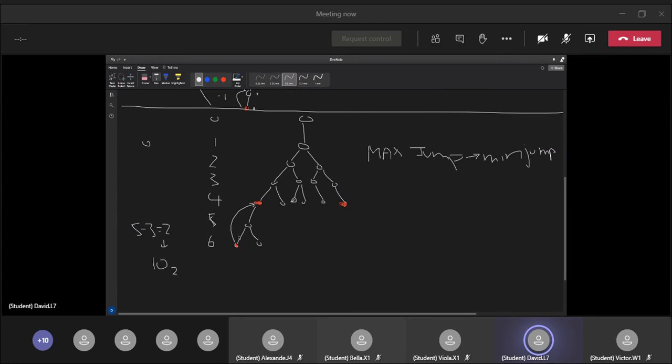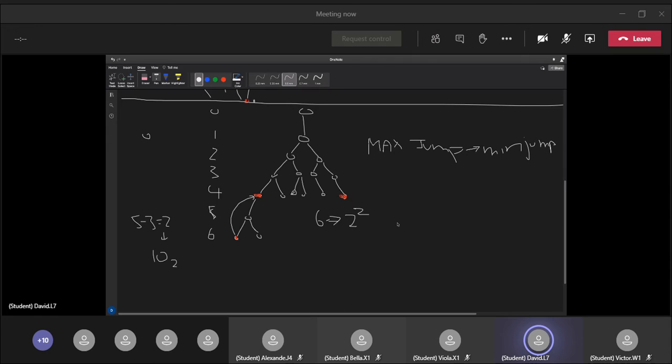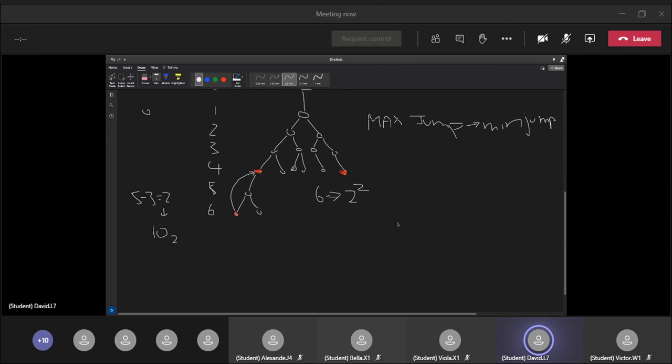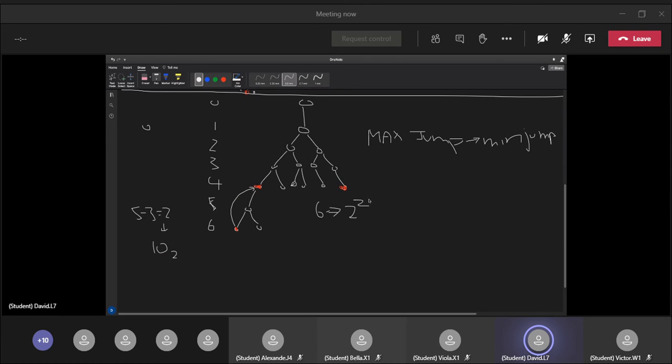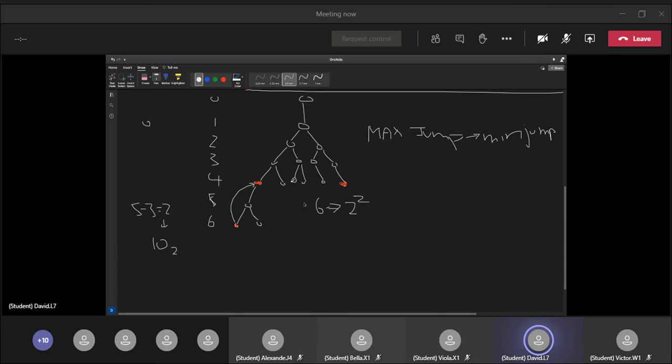Okay, so the height of this tree, well, not accounting this, the height of the tree is 6, right? So the maximum size jump that we could really consider is a size of jump 2 to the power of 2. So let's consider a jump of size 2 to the power of 2. And basically what that means is we're going to take both of our nodes and jump a height of 4 from both of them, right?